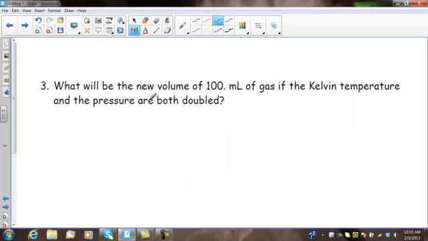Problem 3. What will be the new volume of 100 milliliters of a gas if the Kelvin temperature and pressure are both doubled? So I don't know V2. I do know V1. Well, I have to have some place to start. So P1, V1, T1, P2, V2, T2.